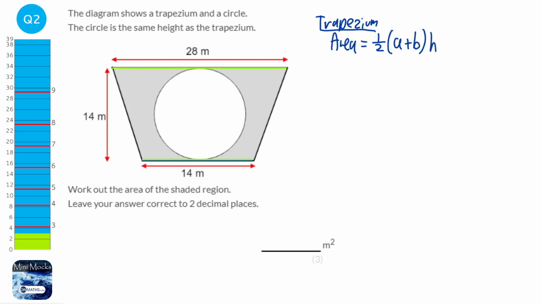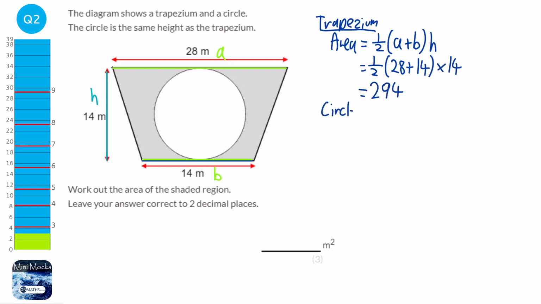So that is a and b. And then the h is the perpendicular distance between them. So perpendicular means it hits it at right angles, so that's what we've got here. So the area would be half times a, which is 28, plus b, which is 14, times the height, which is 14. And so that would be 294.